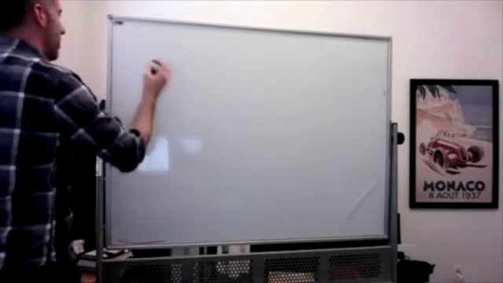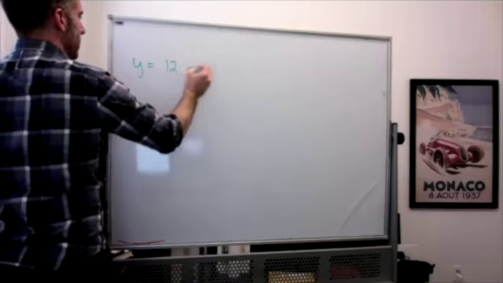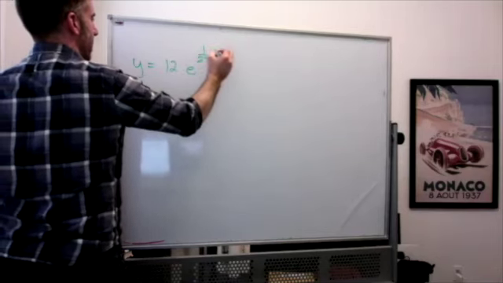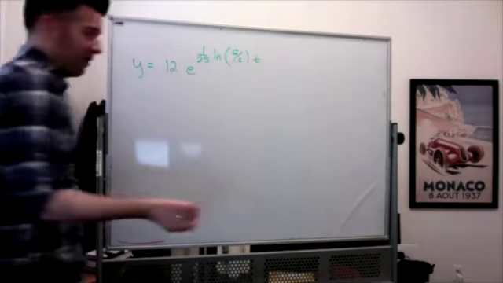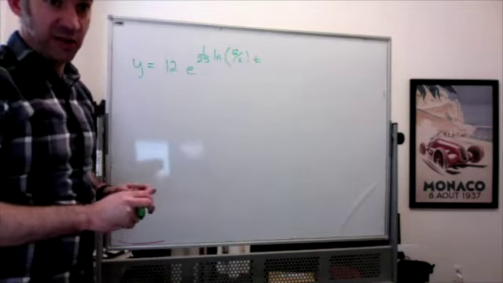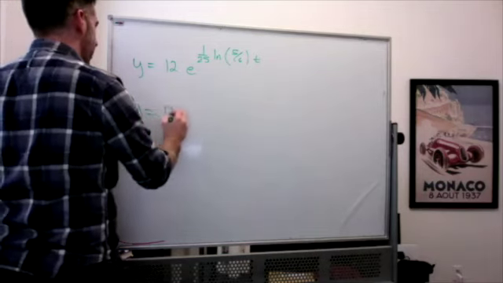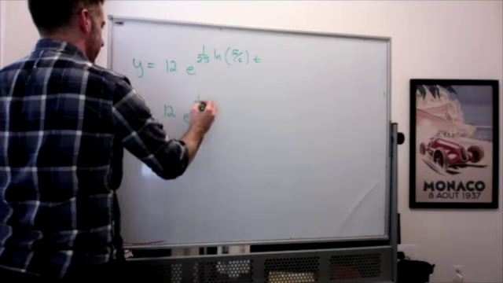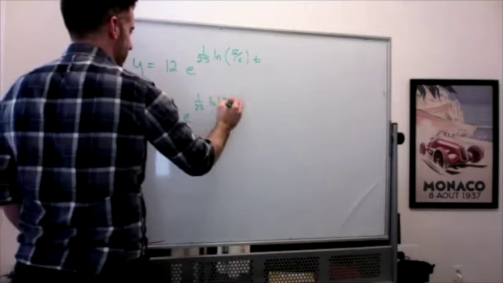So my model, y equals 12 e to the 1/25th natural log of 5/6 t. If we want to know how much radioactive material there is after 50 days, we're going to get y equal to 12 e to the 1/25th natural log of 5/6 times 50.